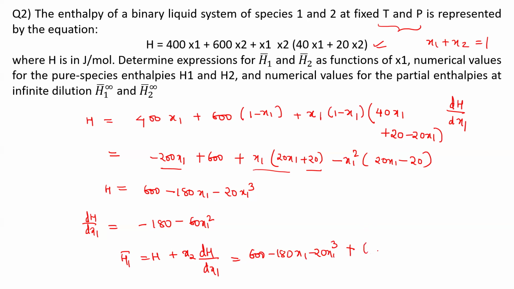Into (1 minus x1) into minus 180 minus 60 x1 square. So upon solving this, you will get h1 bar equals 600, okay, 420 minus 60 x1 square plus 40 x1 cube.